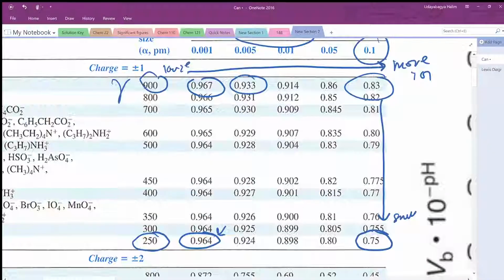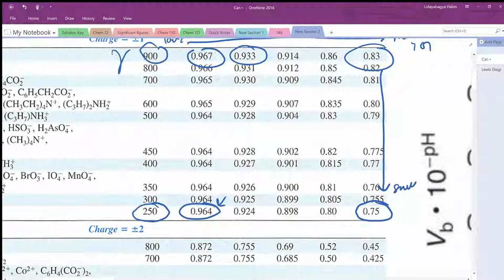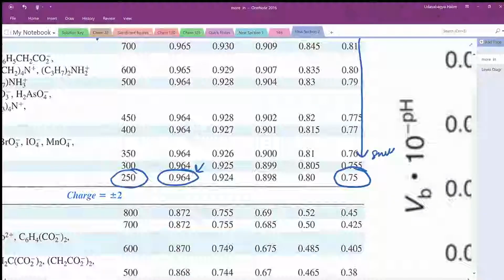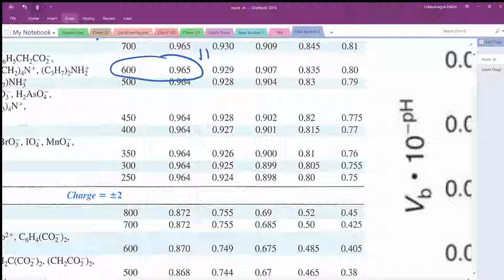You can also compare between, say, similar size ions but different charge. Let's look at the 600. This is going to be a +1 charge, which is 965.